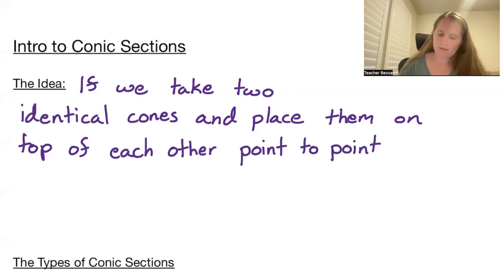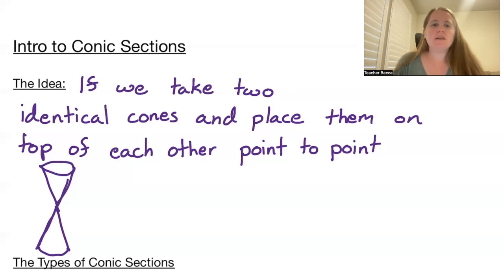So essentially we have a cone and then a cone on top of it. If we then intersect these cones with a plane, so essentially with a piece of paper, right?